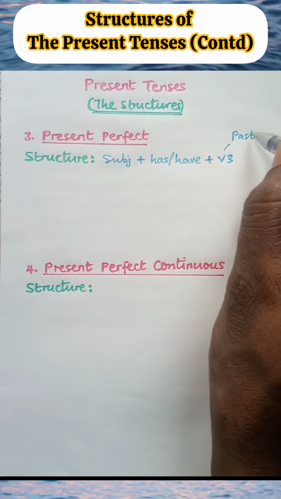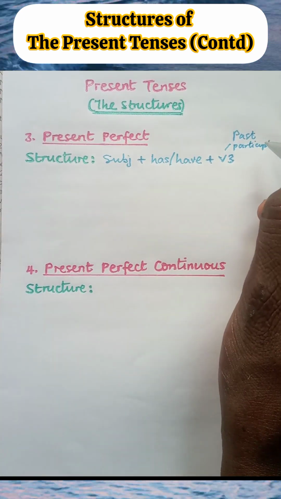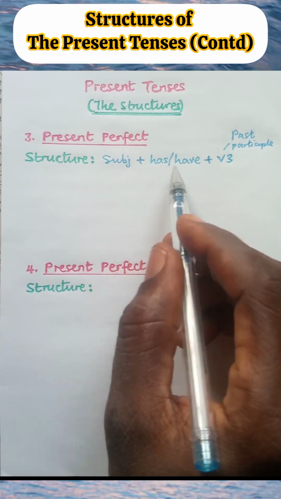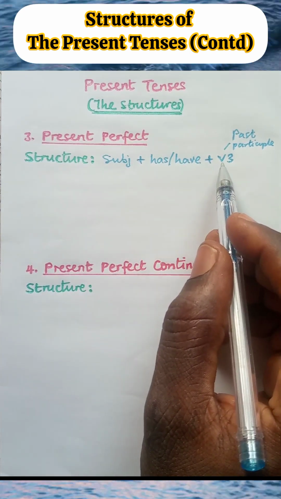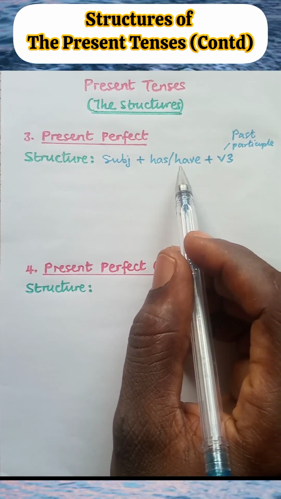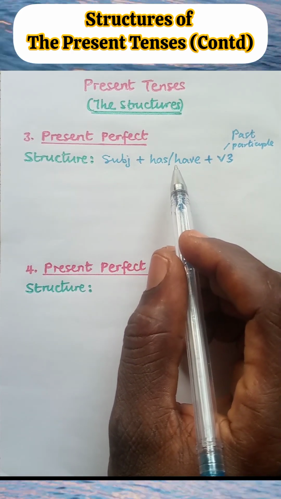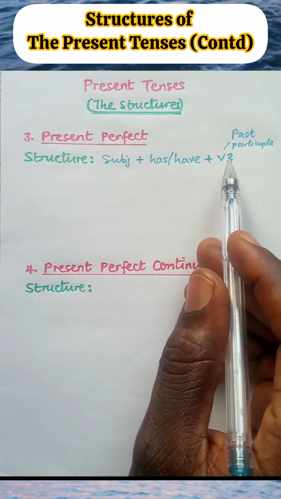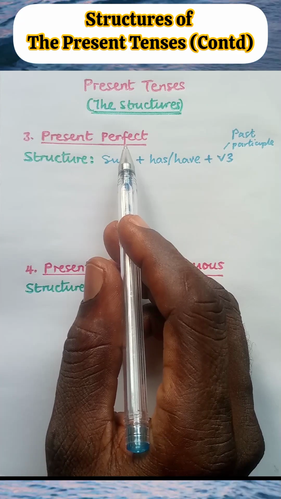Verb 3 are past participle verbs. So the structure is subject plus has or have, then plus a verb 3. Now you notice that has, have are present anomalous verbs and they represent present, while the verb 3 represent perfect.